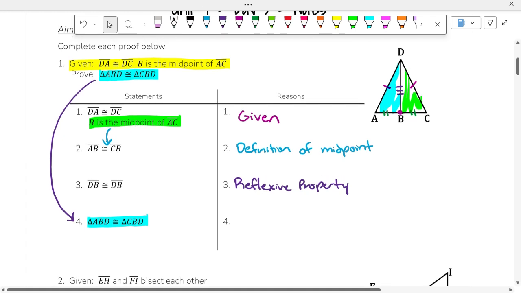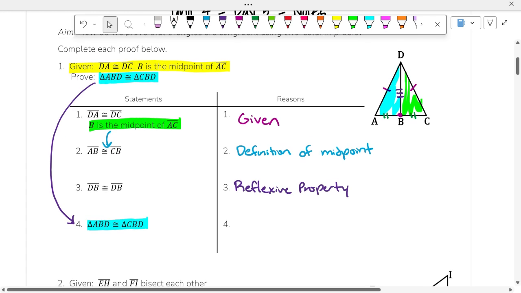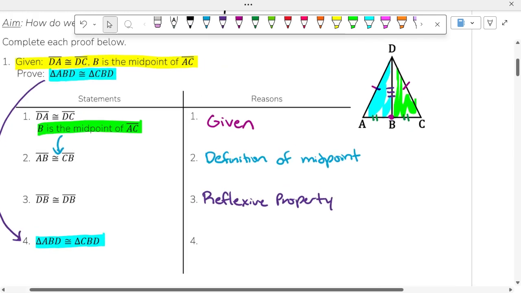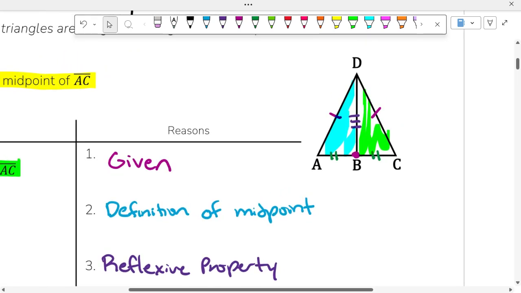Now, this is where our triangle postulates come in. So think back to when we did all those postulates: side, side, side, side, angle, side, angle, angle, side, hypotenuse, leg. Based off of what we mark, that's why I say mark as you go, what postulate do you think makes these two little triangles congruent?